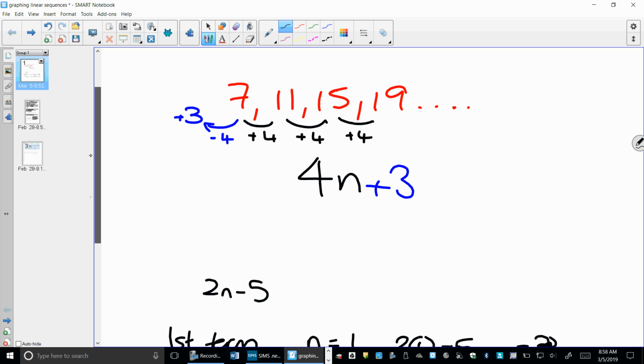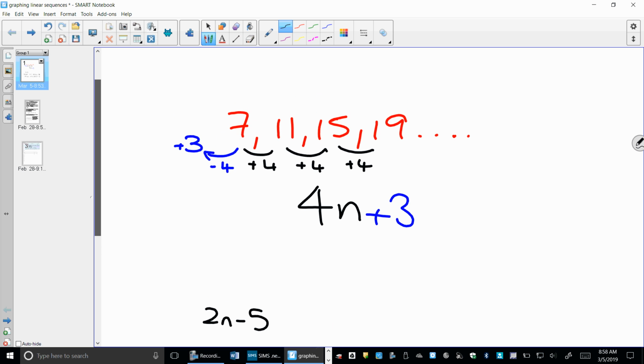So that's if we're given the rule and asked to generate the sequence. A lot of the time we're given the sequence and asked to generate the rule, okay? So if we've started at the number 7, we need to somehow, with a value of n being 1, end up with the number 7. And we do that by finding the difference and then deciding what number we would add or subtract to this.